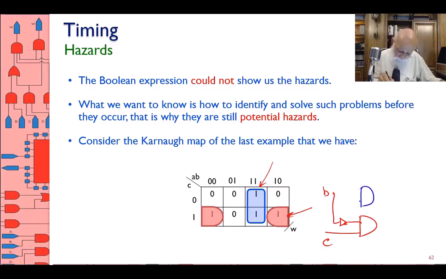And then this one is AB. They go into the output OR gate. Half of it from there, the other half of it from here.